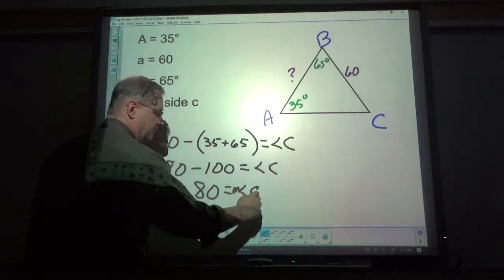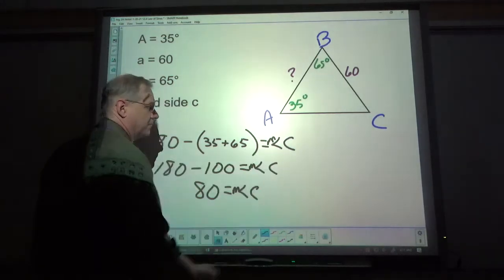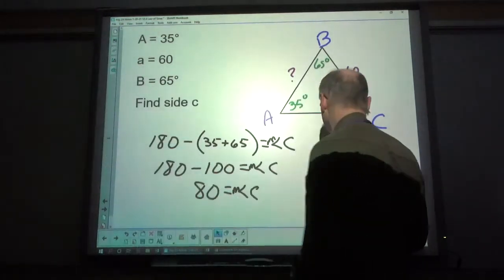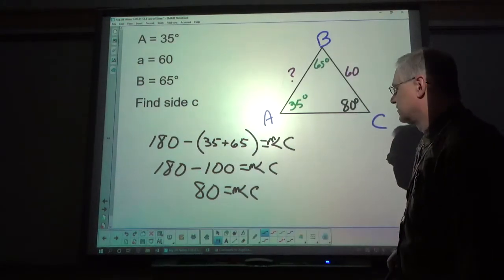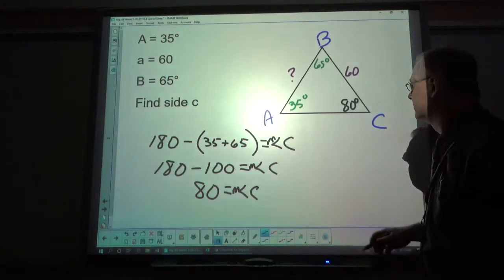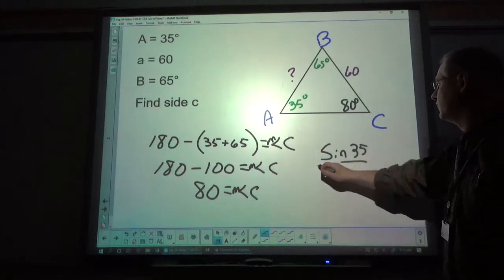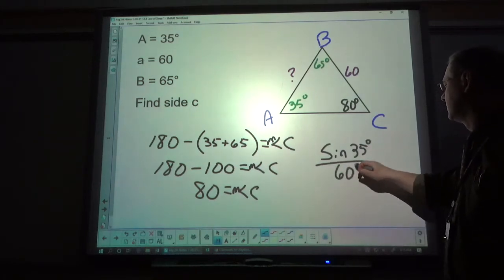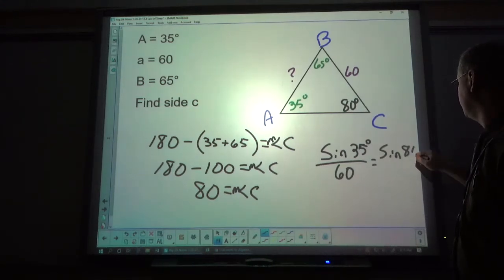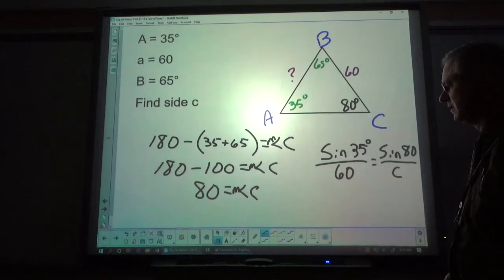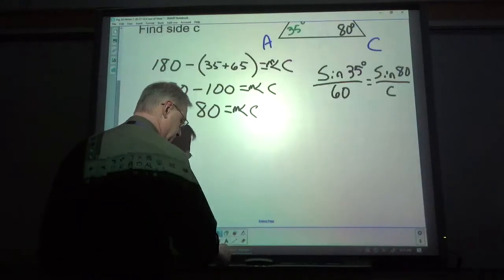Measure of angle C. So angle C is 80 degrees. Now I can set up my proportion. Sine of 35 over 60 equals sine of 80 over unknown. Now I could put C or I could put X, whatever you'd like.